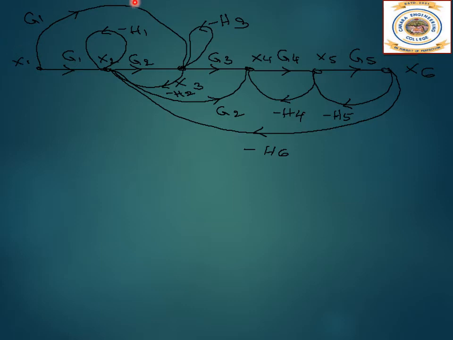Then G1, G2, G4, G5 is the second forward path. Then G1, G3, G4, G5.